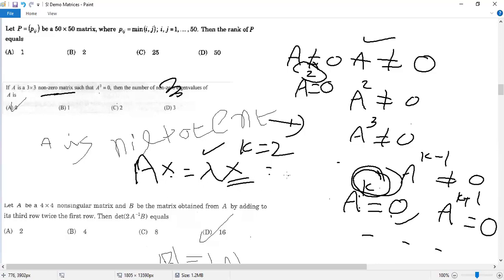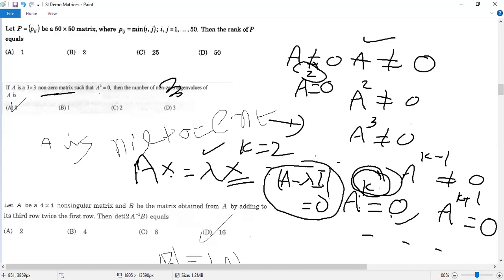Another definition is any value of lambda which satisfies the equation determinant of A minus lambda I equal to 0, which is called the characteristic equation, is called an eigenvalue.